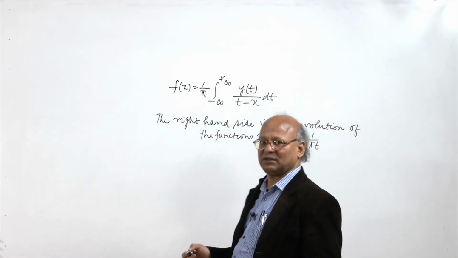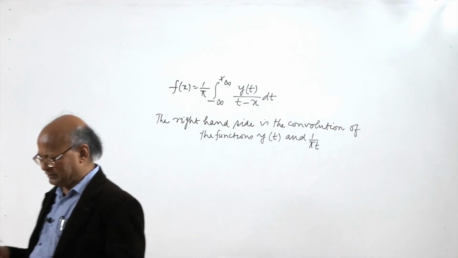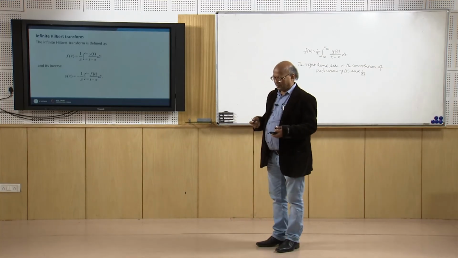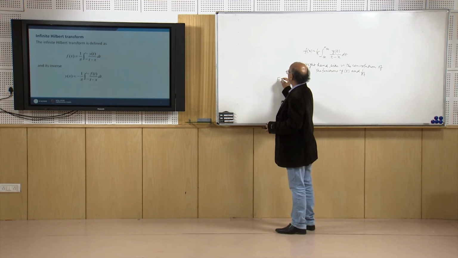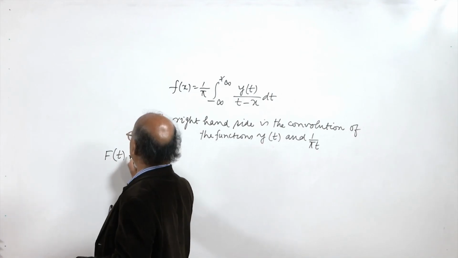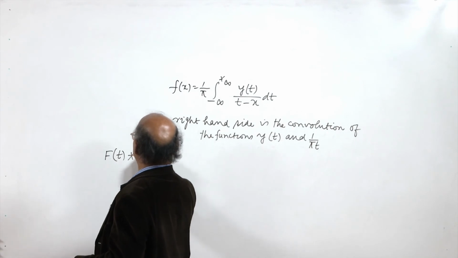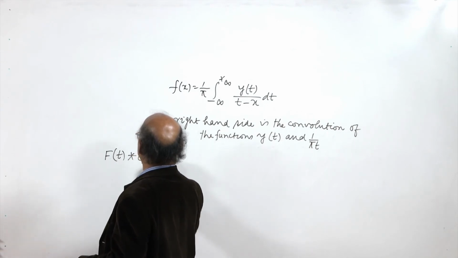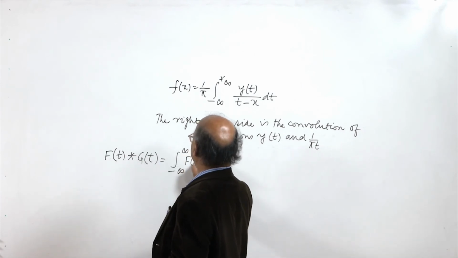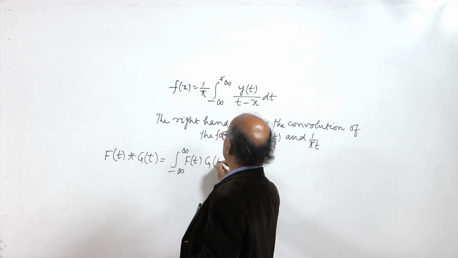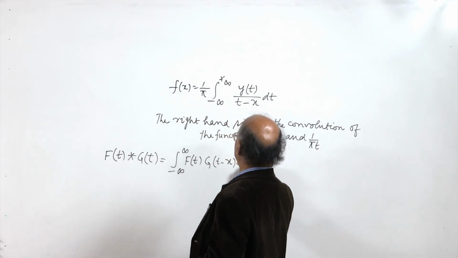If you recall how we defined the convolution of two functions f(t) and g(t): the convolution f(t) star g(t) is defined as the integral over minus infinity to infinity of f(t) g(t minus x) dt.